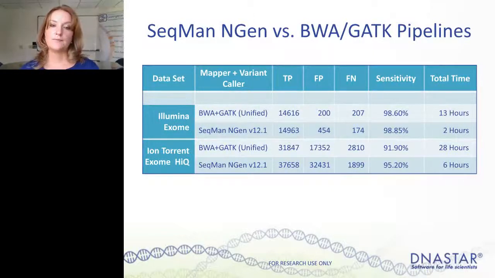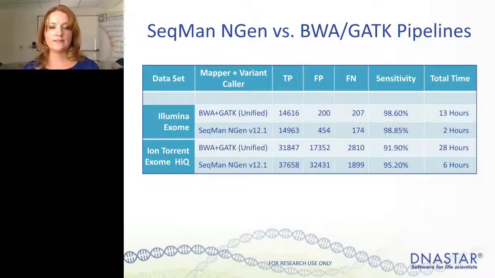Well, SeqMan Engine is an assembly and a variant caller, which is often compared to the BWA GATK pipeline. And so for this, we did some benchmarking side by side of the 2 pipelines. For the first one here, we used the Illumina exome.